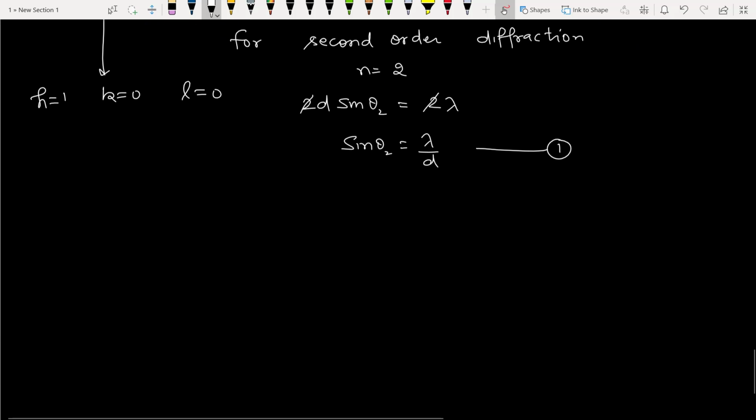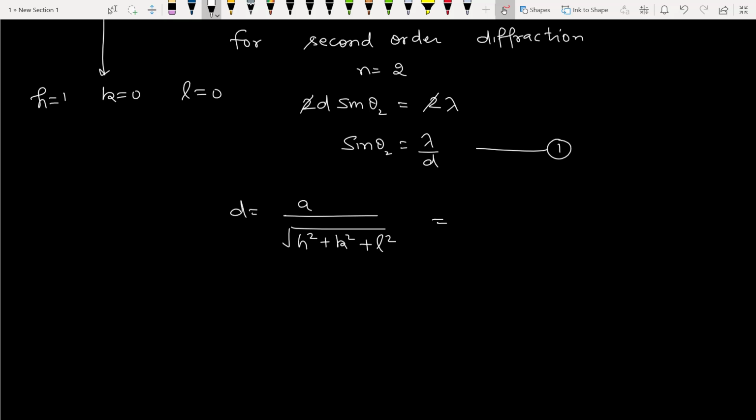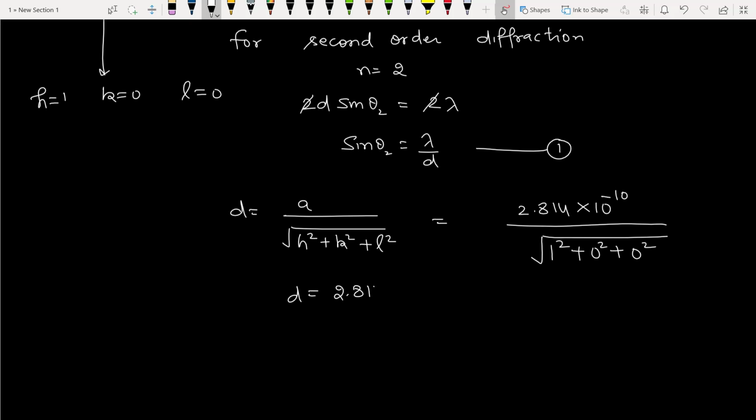So d will be equal to a upon square root of h square plus k square plus l square. Small a is equal to 2.814 angstrom, h is 1, k is 0, l is 0. So d comes out to be same as a.